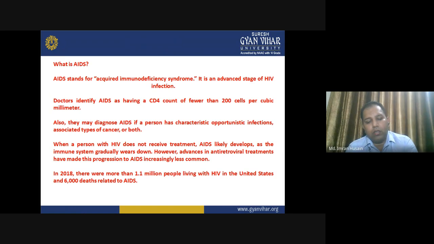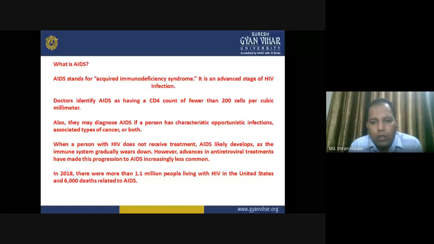When the infection caused by HIV gets into its last stages or worst form, doctors identify AIDS as having a CD4 count fewer than 200 cells per cubic millimeter in your blood. They may also diagnose AIDS if a person has characteristic opportunistic infections, associated types of cancers, or both.